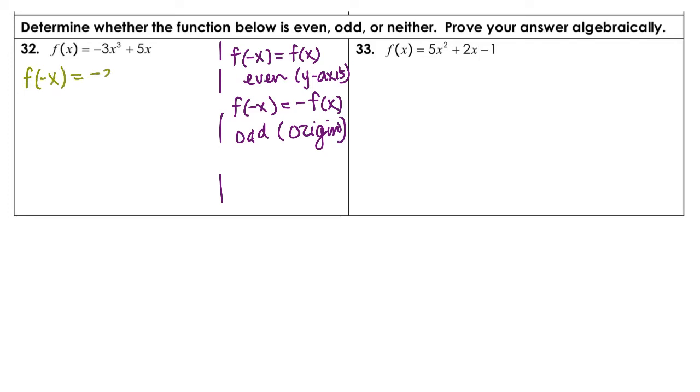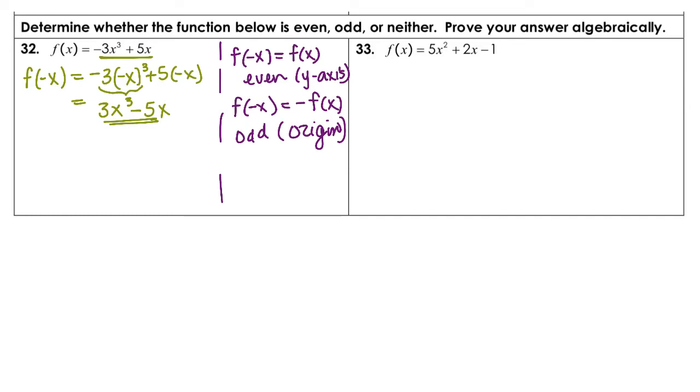And if we sub in a negative x, notice that we do need to simplify, and this would turn into a positive 3x cubed and then a negative 5x. So notice if I compare this to the original, then notice that we have something completely different. So we know it is not even.